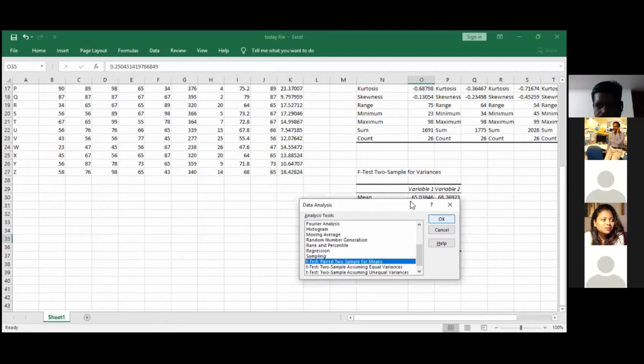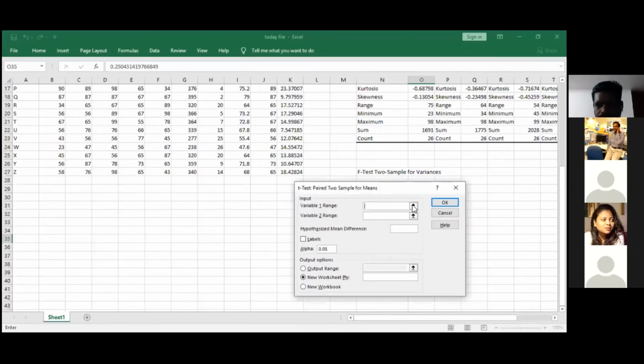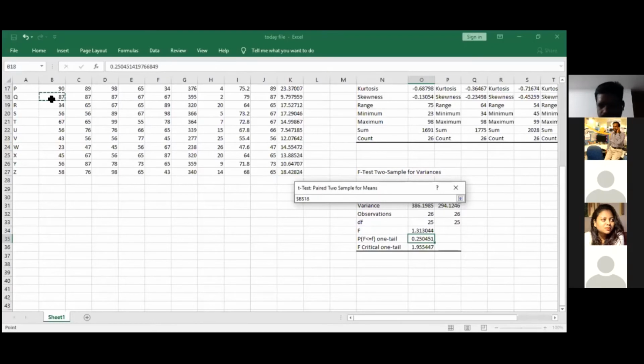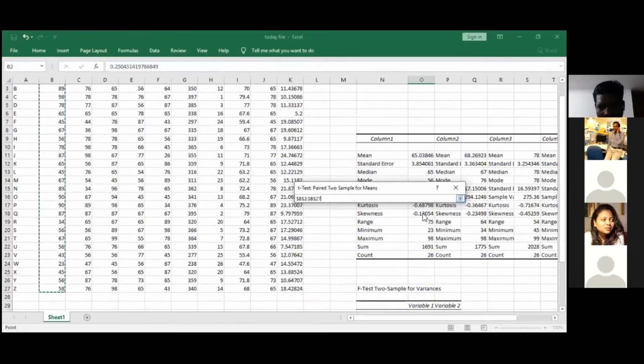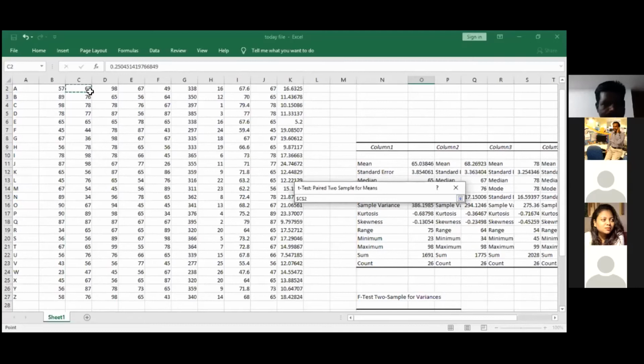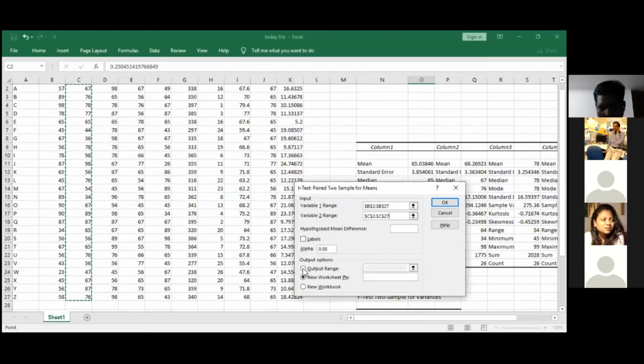Okay, then the range: science as variable 1 range, and social science as variable 2 range. Then an output range.